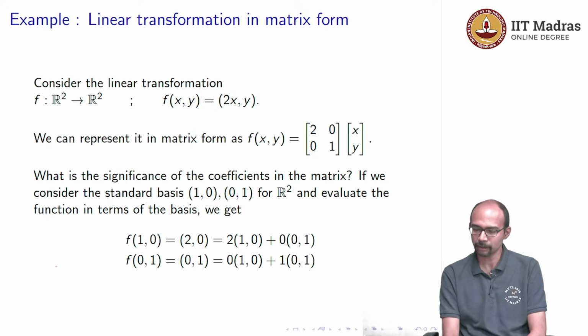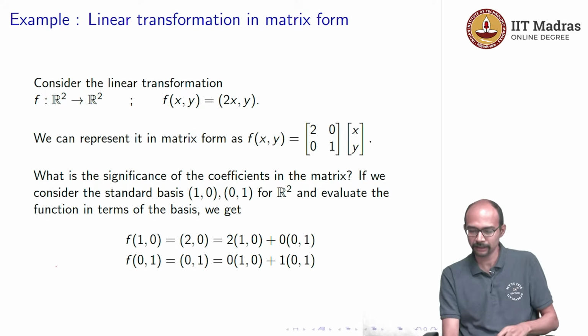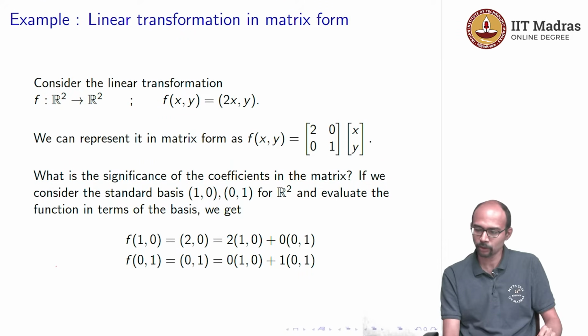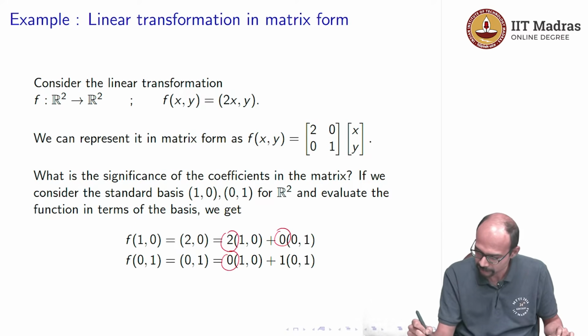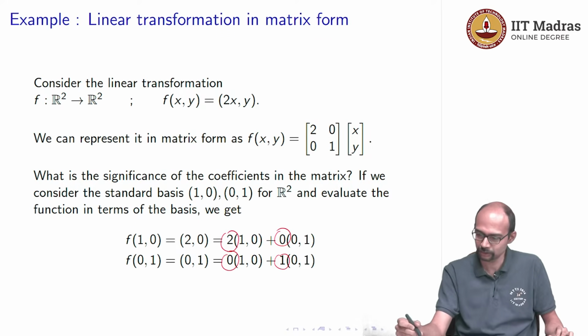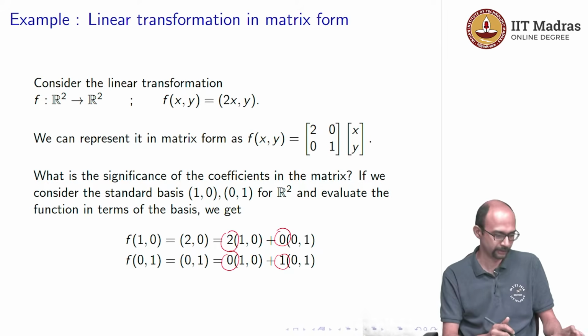So, it is 2 times 1 comma 0 plus 0 times 0 comma 1, and similarly f of 0 comma 1 is 0 comma 1, which is 0 times 1 comma 0 plus 1 times 0 comma 1, and it is clear this 2 0 0 1 that we are getting here, those are the numbers obtained in this matrix.